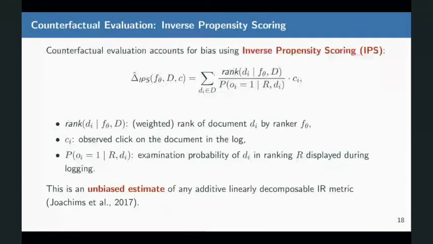And if you take the average of this over many queries, so I'm just showing it for a single query here, but if you show it many times where you showed this ranking, we can prove that this is unbiased. The intuition behind it is, if you think back to that picture of the golden triangle, if we know that only half of people look at an item at a certain rank, then when we show an item there and it's clicked, we can weigh the click times 2.